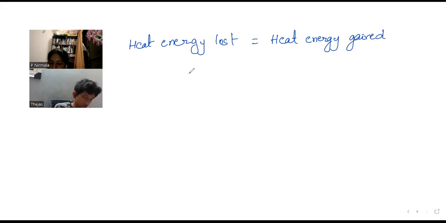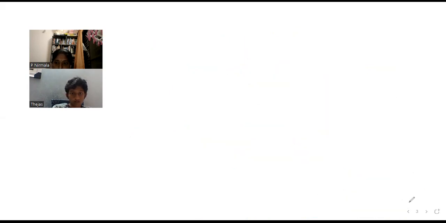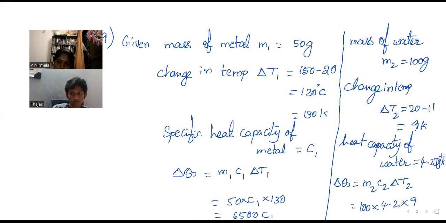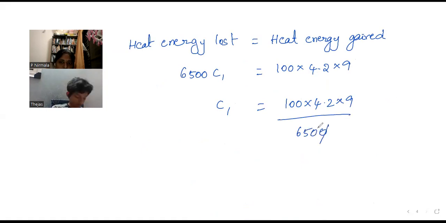So heat energy lost is 6500 C1 equals heat energy gained, which is 100 into 4.2 into 9. C1 equals 100 into 4.2 into 9 divided by 6500. Tell me, ma'am, multiply that 3780 by 6500.